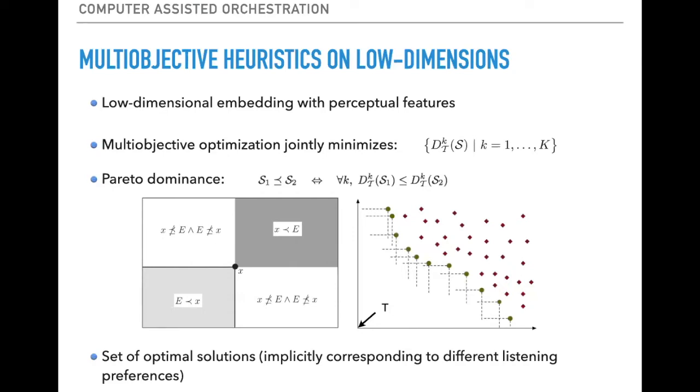Or for me, it's more important the brightness, so give preference to the brightness. So they could actually interact with the search engine and put biases on the search in order to maximize some specific features. This was the approach that has been taken by Grégoire Carpentier and Damien Tardieu in 2008 for Orchidea, and it was working very, very well.